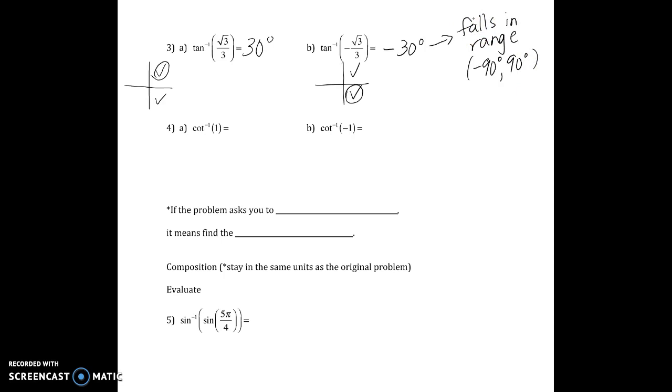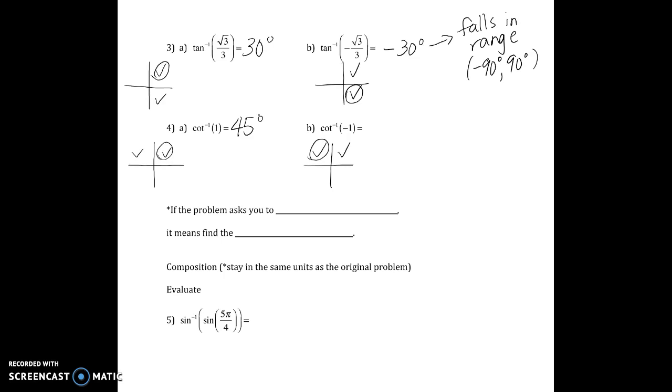Now cotangent is different. Although you might use tangent to help you figure out what the cotangent value is, cotangent is going to be like cosine, first and second quadrant. So first quadrant for a positive, second quadrant for a negative. So an extra little calculation here for this one. Inverse cotangent of 1, just like it would be for tangent, would be 45 degrees.